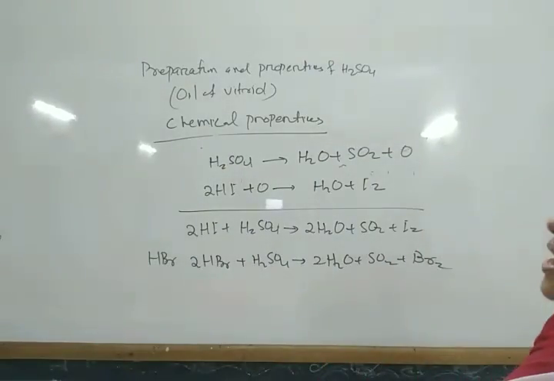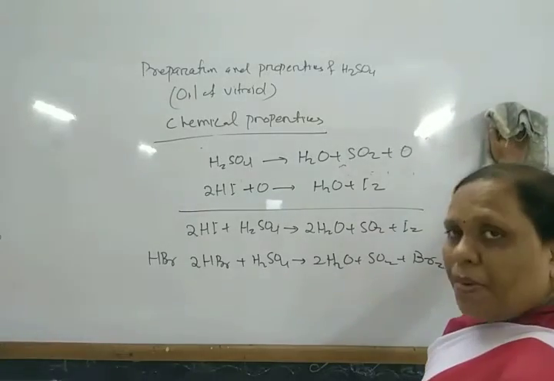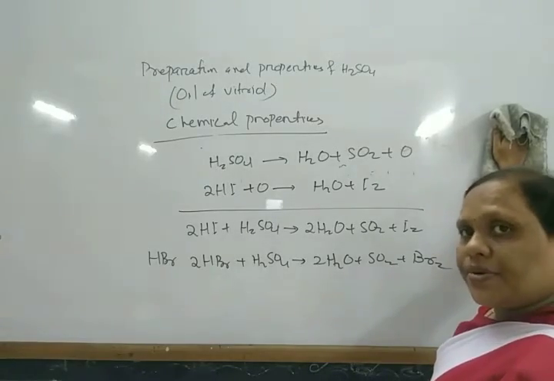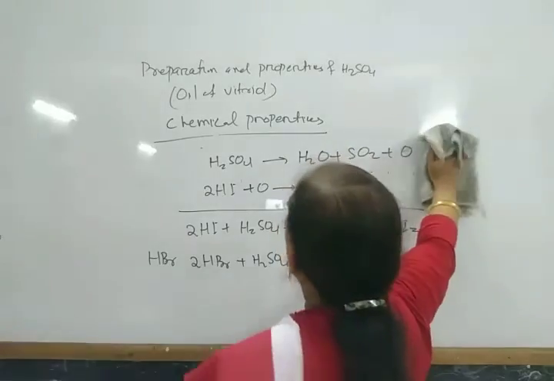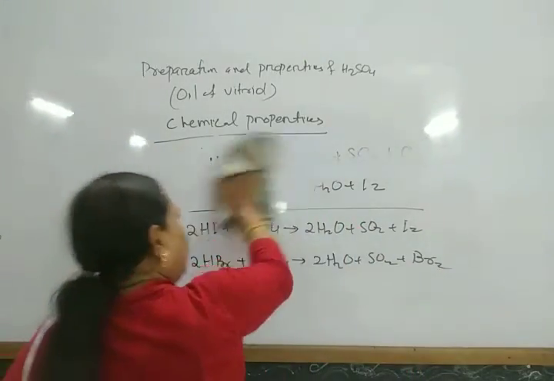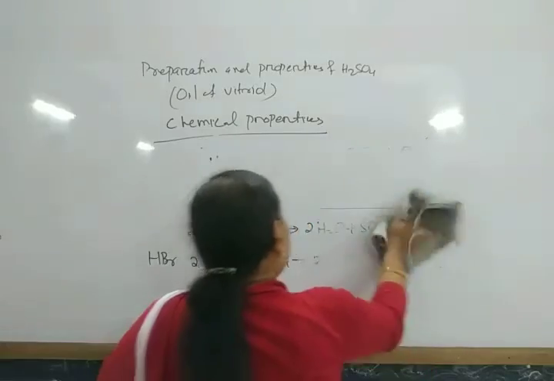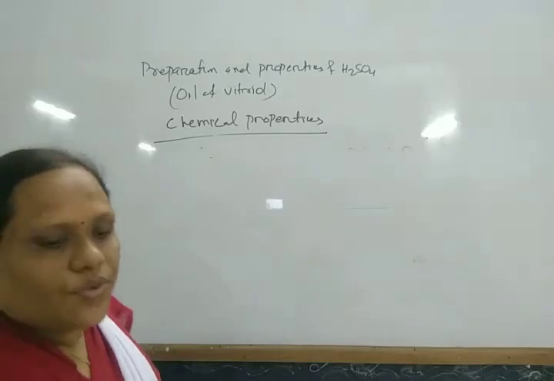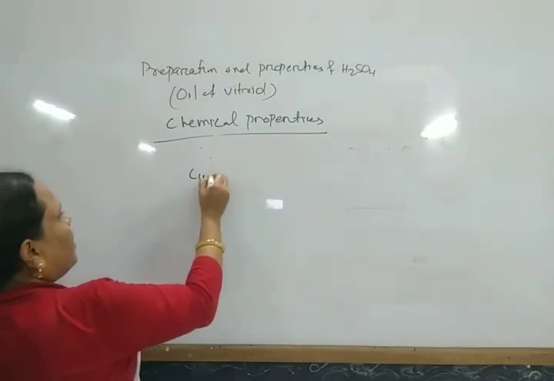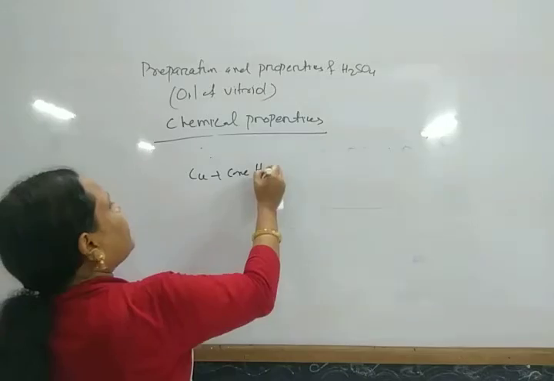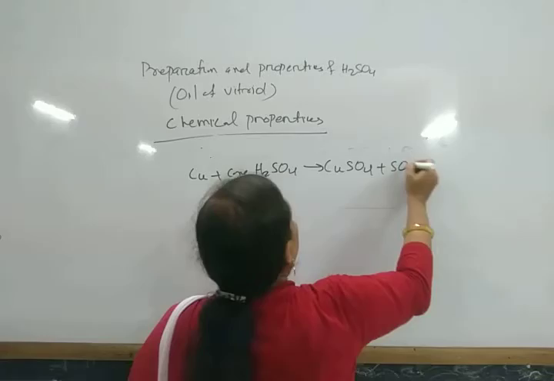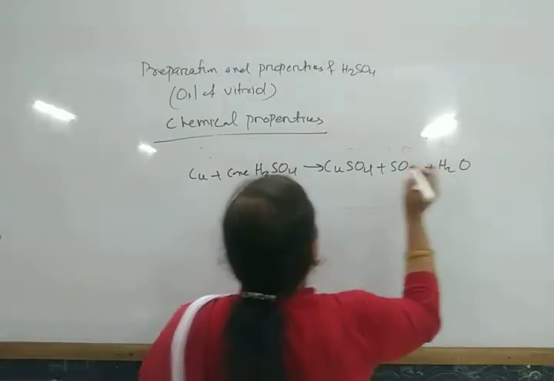Okay. Next, come to how it reacts with some non-active metals. When it reacts with active metals, it liberates hydrogen gas, and when it reacts with non-active metals, or those which have high reduction potential, then it generally liberates sulfur dioxide gas. So when copper is heated with concentrated sulfuric acid, it forms copper sulfate, sulfur dioxide plus H2O.